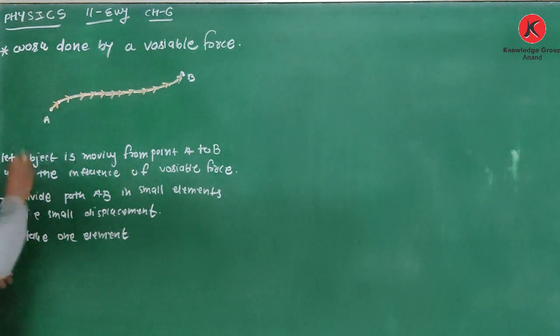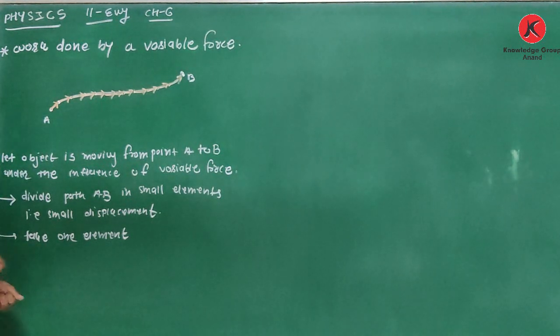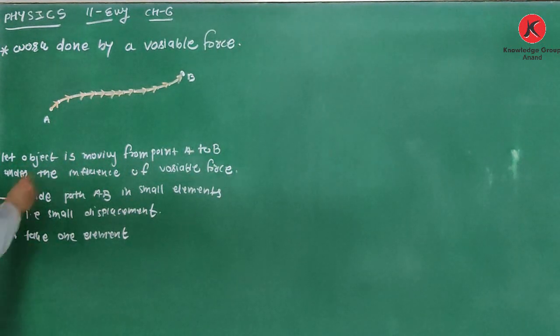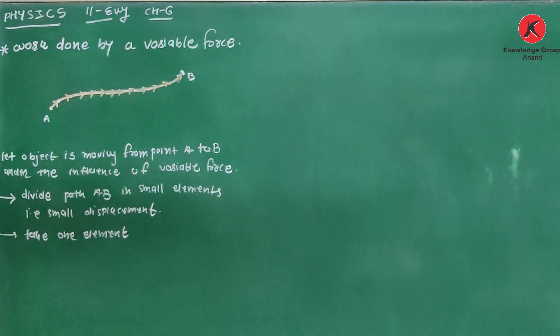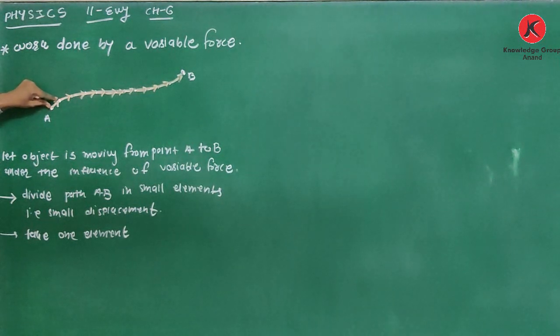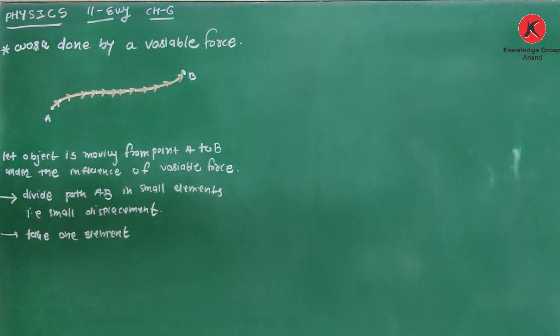As we divide the part AB into small elements, that is small displacements, if this displacement is small, we can consider that during this small displacement the force is constant.